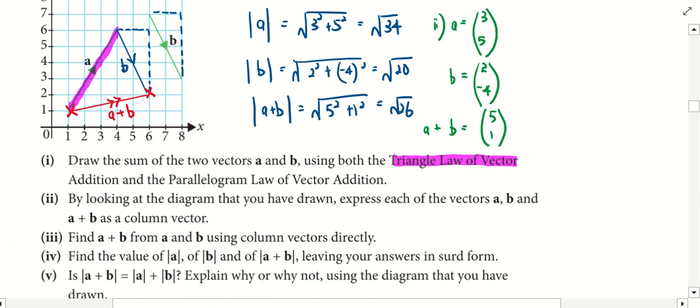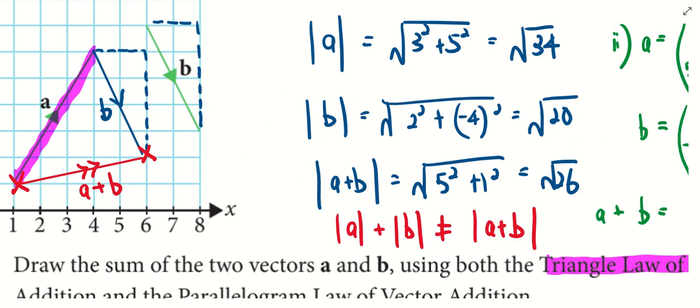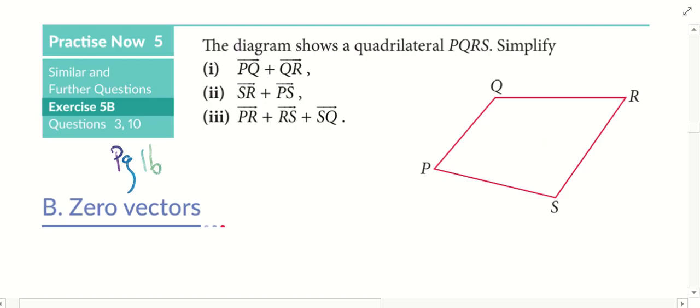They want you to explain whether the magnitude of A plus B is equal to the magnitude of A plus the magnitude of B. So you realize in part 5, they are definitely not equal in terms of the magnitude. Realize this one plus this one is not equal to the last one. Based on the raw values, they are not equal.